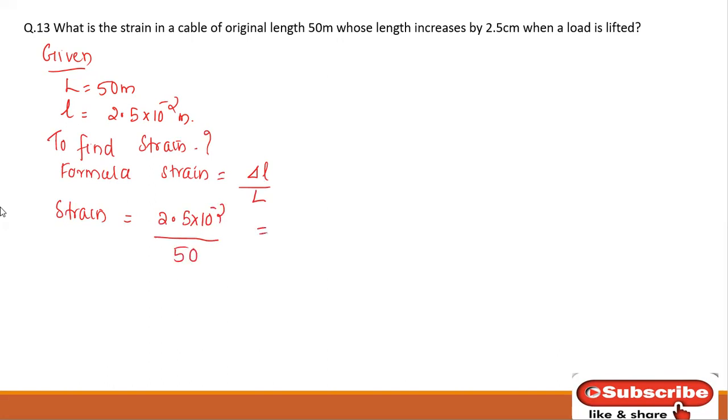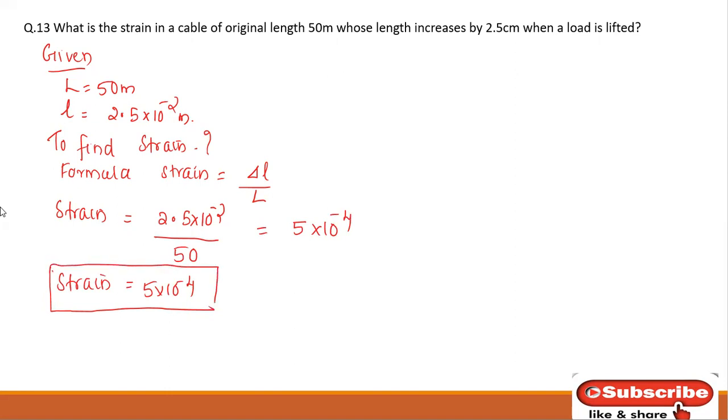On solving this, we will get 5 into 10 raised to minus 4. So strain is equal to 5 into 10 raised to minus 4. It is a dimensionless quantity. Okay. Strain is 5 into 10 raised to minus 4.